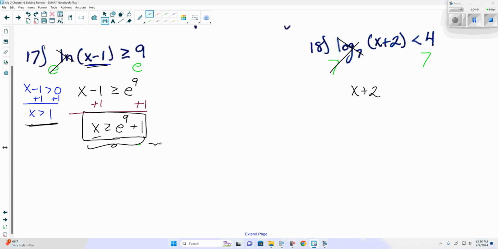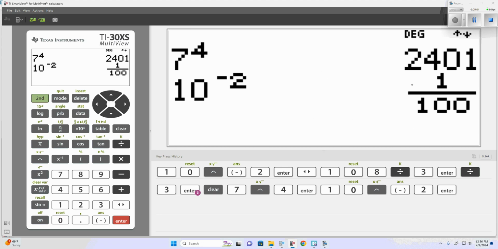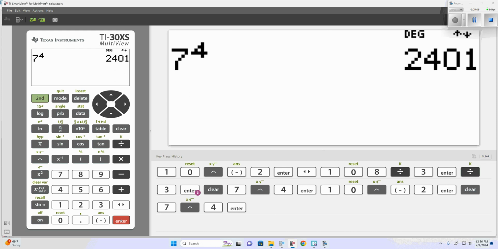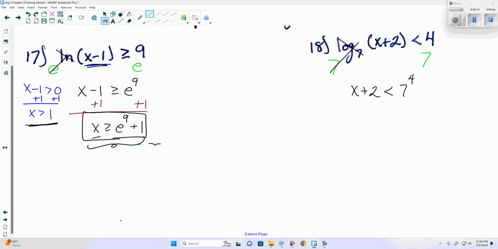x plus 2 is less than 7 to the 4th. Is 7 to the 4th a nice number? Well, if we want to check, we can type 7 to the 4th power into the calculator. It's 2401. Okay, so that is a nice number.